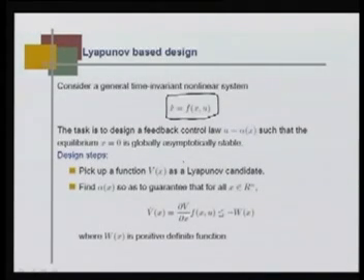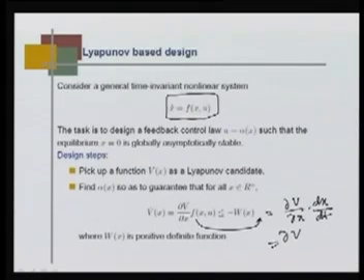The design step is to find a Lyapunov candidate V x, then find V dot, which is dou V by dou x times x dot, that is, dou V by dou x times f x u.